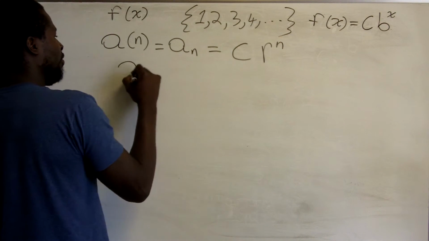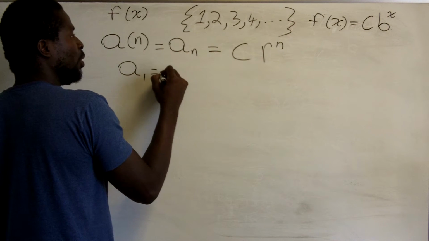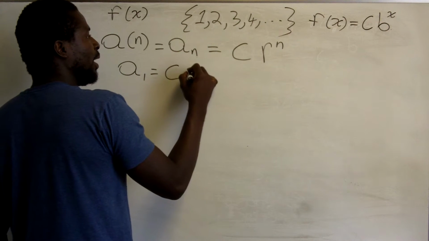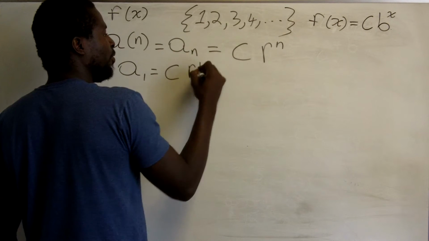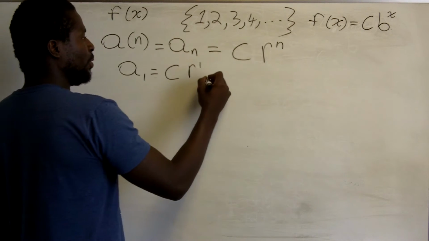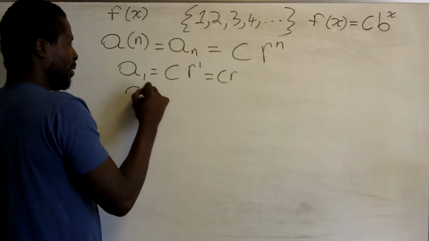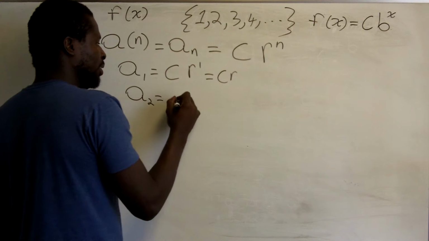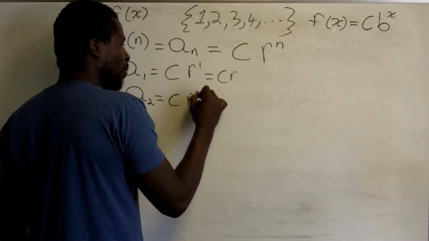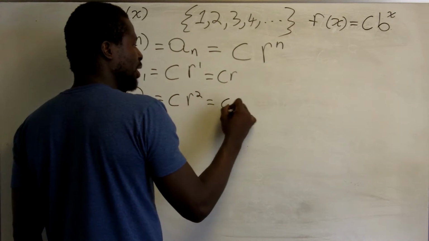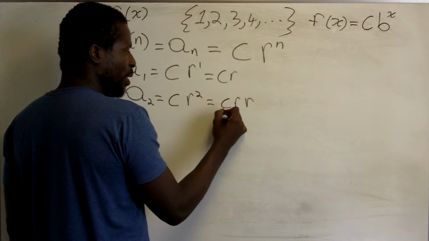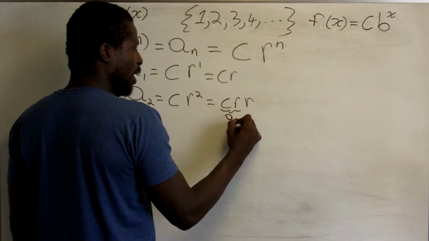So let's take a look. The first term of this kind of sequence would be just c times r to the first power, so it's just cr. The second term would be c times r squared, which is cr times r, but remember cr was a1.